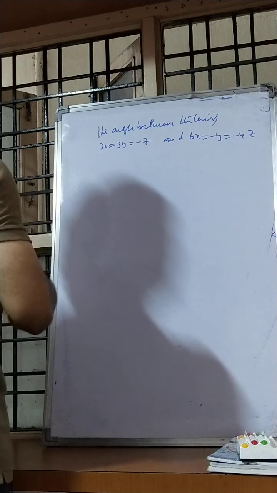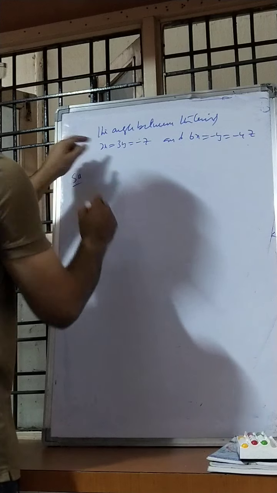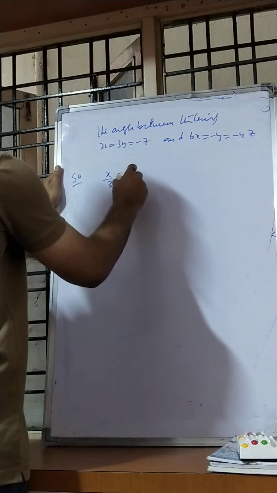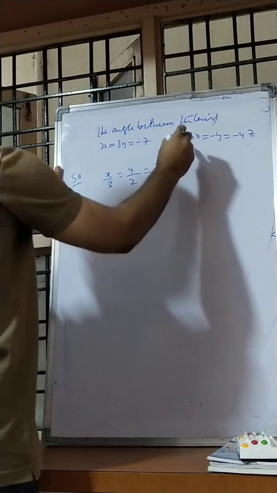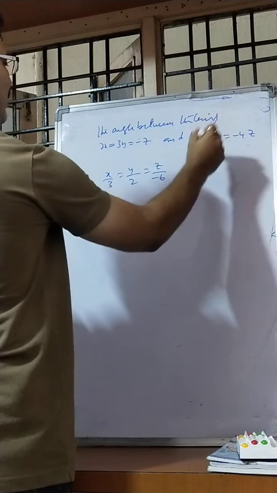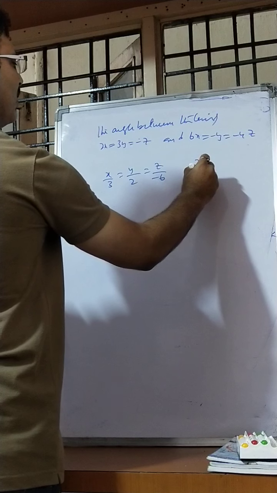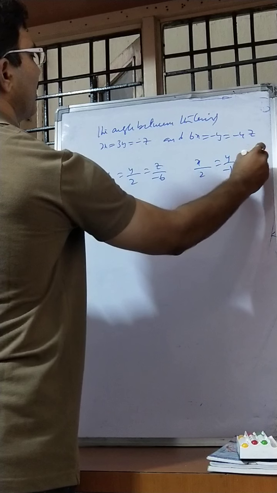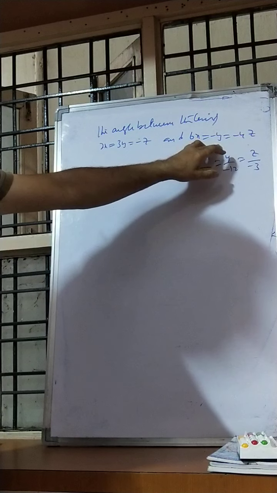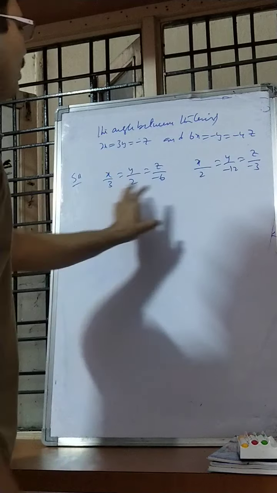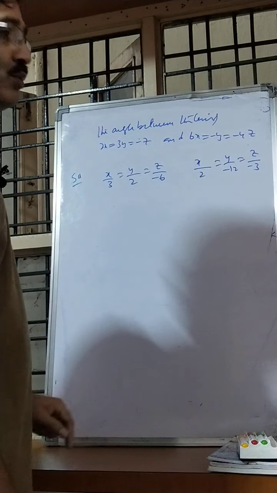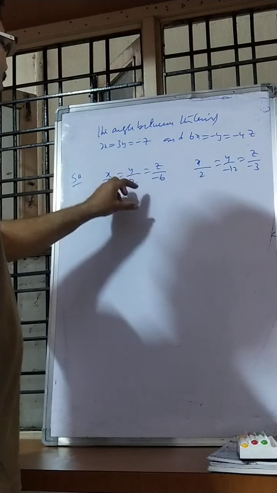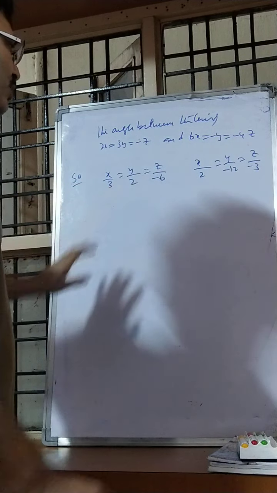So very simple, you write in a proper form, divide this by 6, you will get x by 3, y by 2, z by minus 6. This divide with 12, x by 2, y by minus 12, z by minus 3. Because I divided this one by 12, this one with 6. Now we got it in proper form. That only I said to you, that whenever you want to find the angle or something else, please write the equation in a proper form, then afterwards go for it.